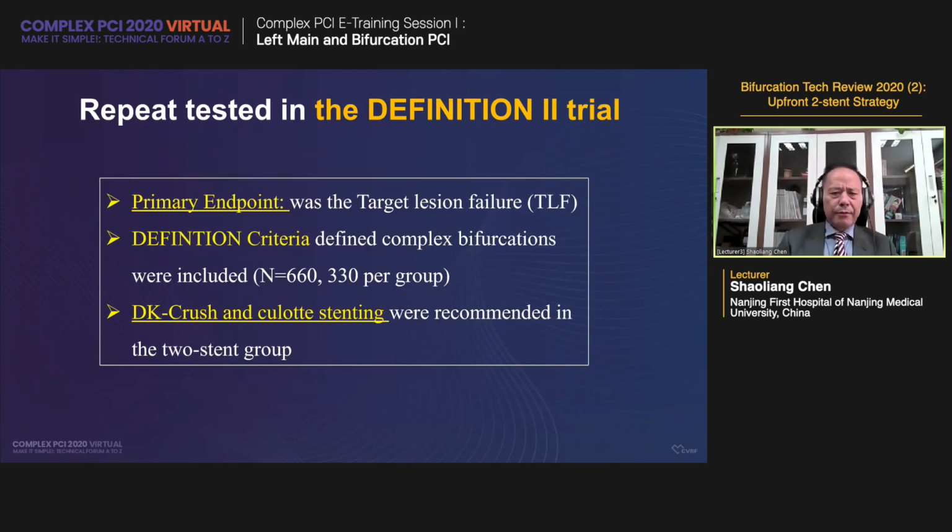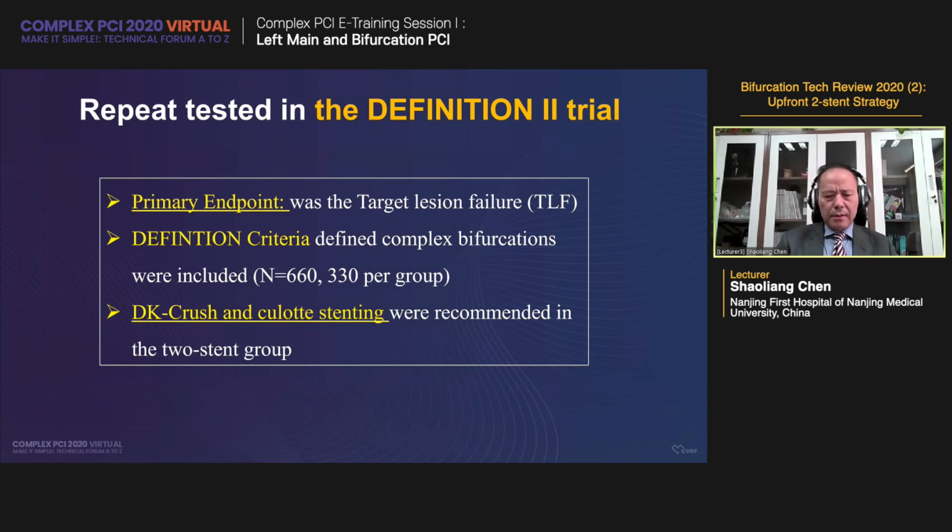I think this is the final reason why we needed to design the DEFINITION II trial. We have to test the efficacy of this definition criteria for real complex bifurcation lesions. Also, based on this new criteria, we have to identify whether there is a real treatment effect between the 1-stent and systematic 2-stent techniques. The primary endpoint was 1-year TLF.